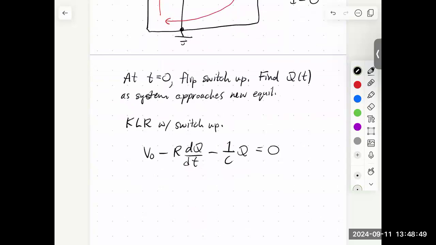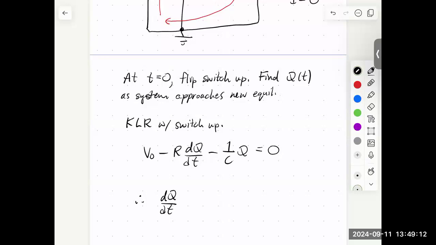What I'm going to do is rearrange this in a similar way that we did for the LRC circuit. I'm just going to divide by R so that we don't have a coefficient in front of the dQ/dt. And I'll move these things with negative signs to the other side.